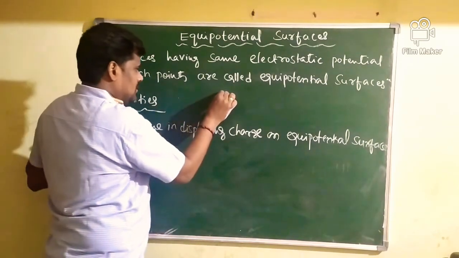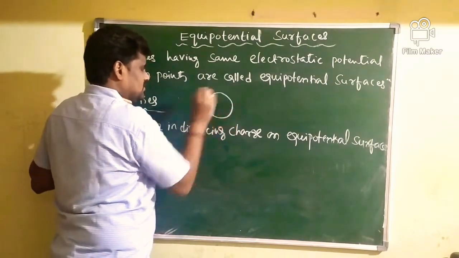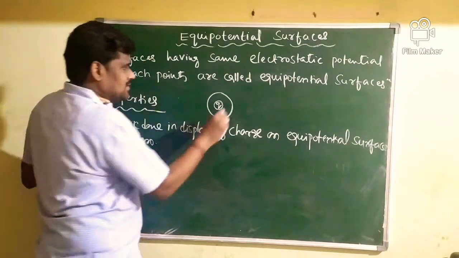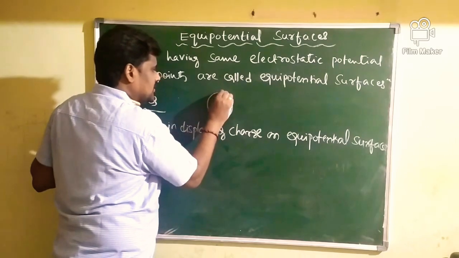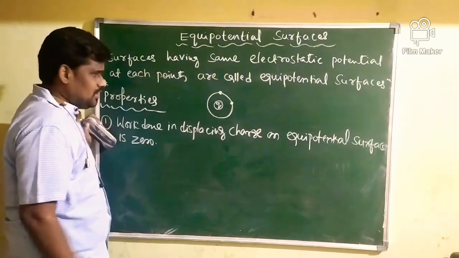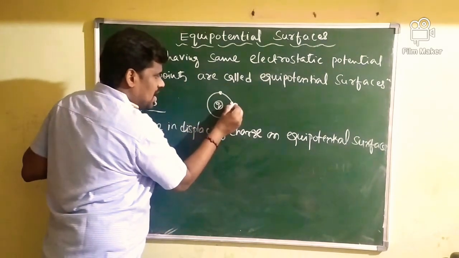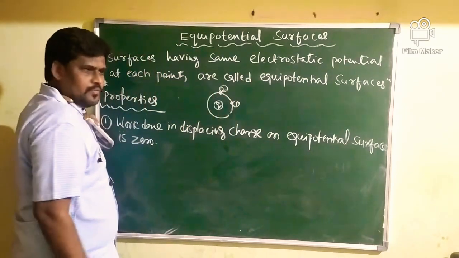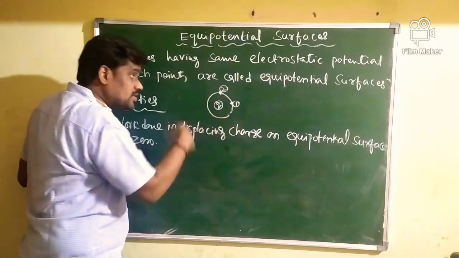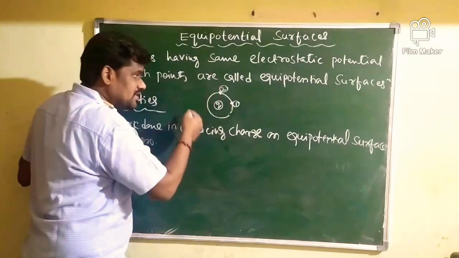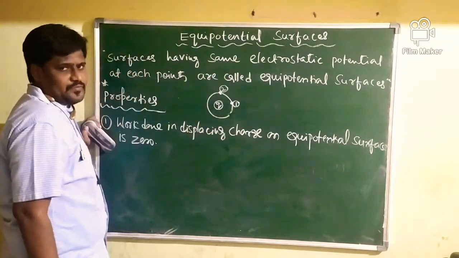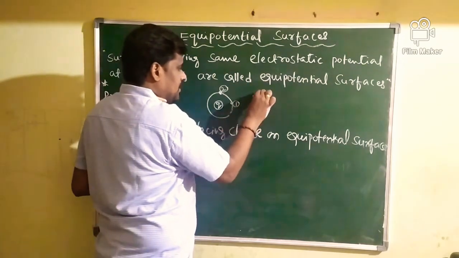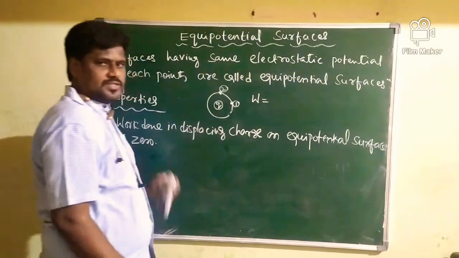See, for example, this is an equipotential surface for a single point charge. Imagine that I have 2 points on the equipotential surface, and I am displacing the charge from the first point to the second point. What is the work done in displacing the charge?